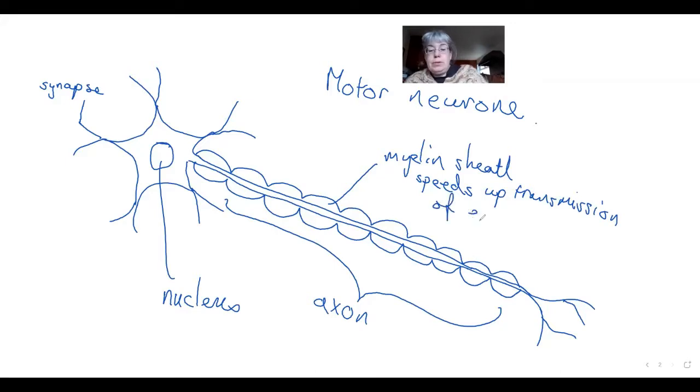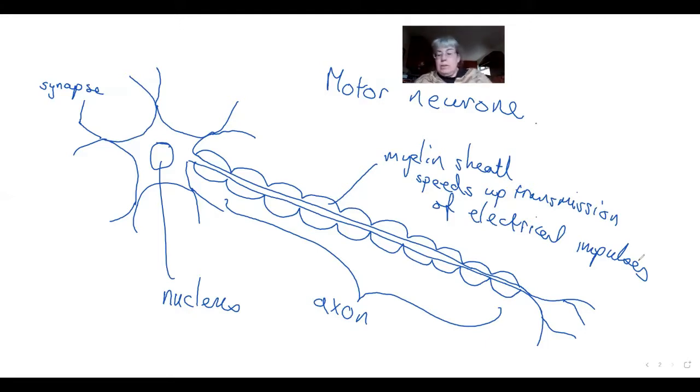Basically, it jumps between each of these nodes. They're called nodes of Ranvier, but you don't need to know that. You're very lucky. Okay, so that's your motor neuron.